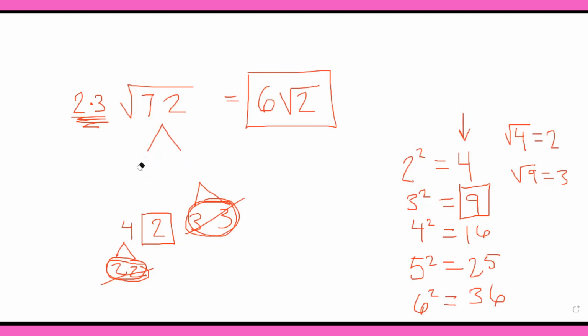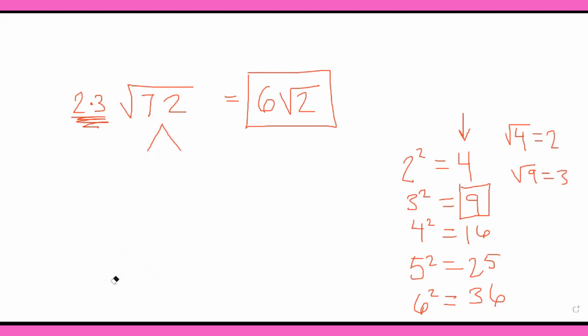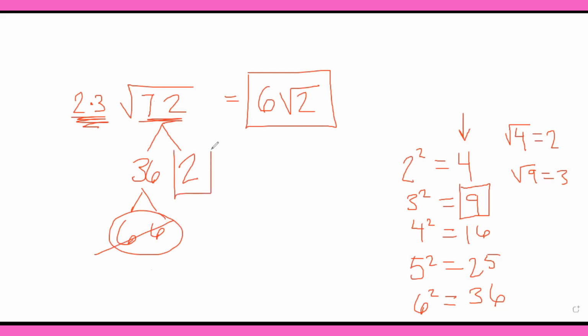So here, if I could have remembered, and again, it didn't matter, we got there anyway, but a quicker way would have been if I immediately saw, oh, I know 36 and 2 makes 72. And I would recognize that 36 is a perfect square. I could keep going in my tree, and a 6 would come out and a 2 would be left over. So same thing, we would get the same result here.